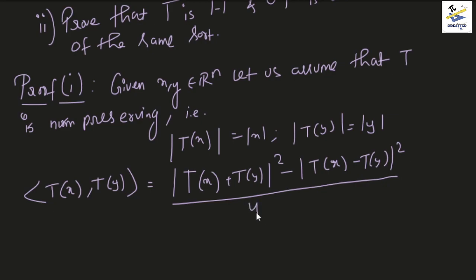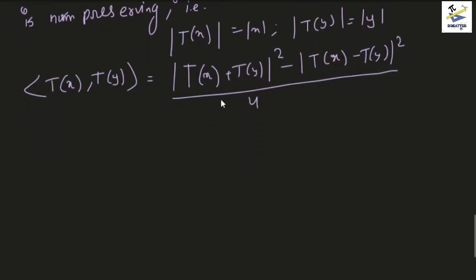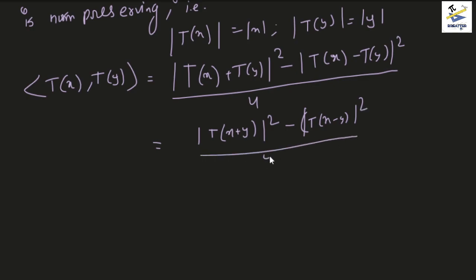Since T is a linear operator, this becomes norm of T of x plus y whole squared minus norm of T of x minus y whole squared, by 4.